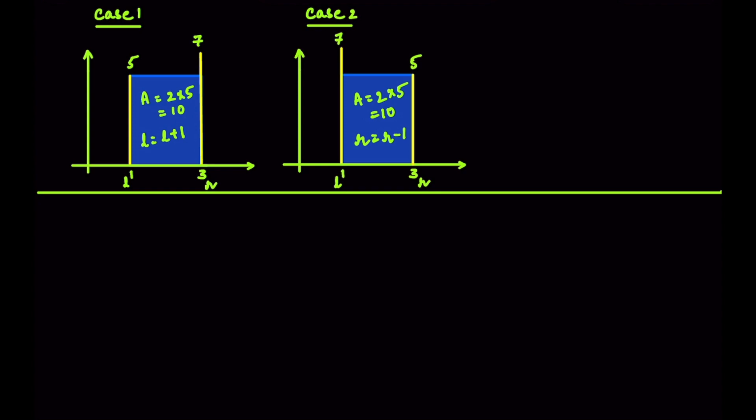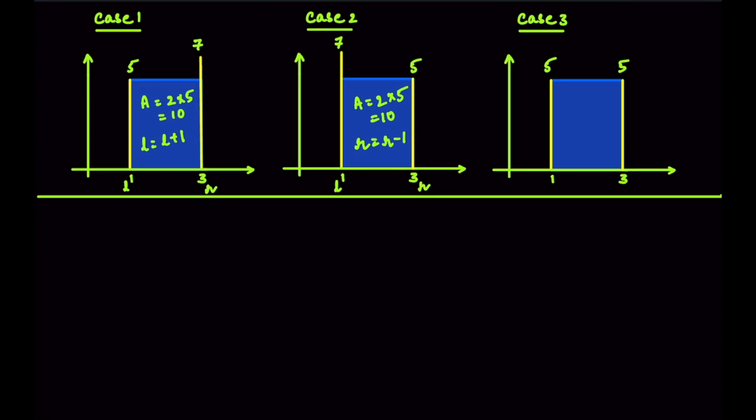Now let's look at case 3. Our case 3 is such that the heights of both the left and the right are the same. So in this case it is 5 and 5. The area of water that will be trapped in this case: 2 is the distance between the left and right pointers, and the lowest height is 5.